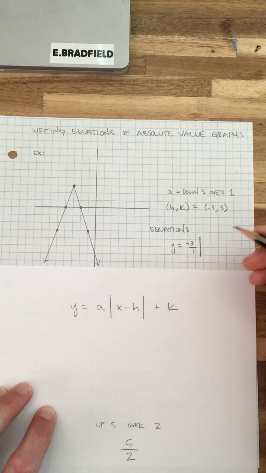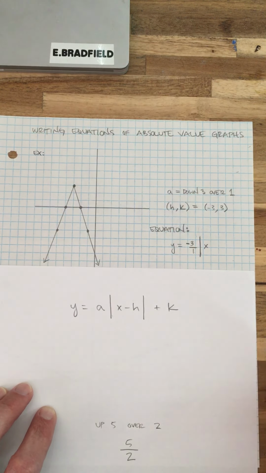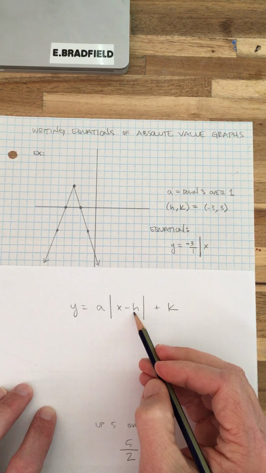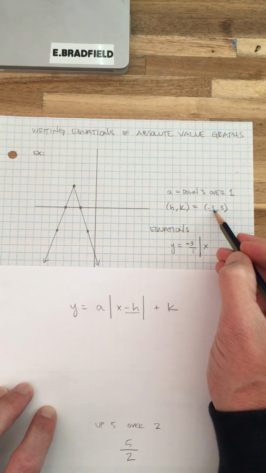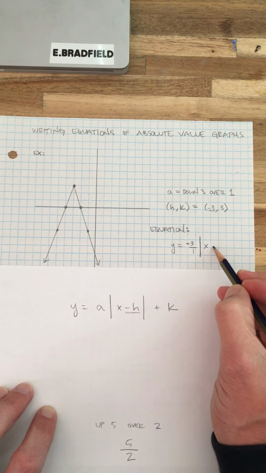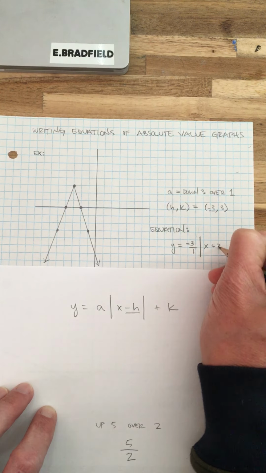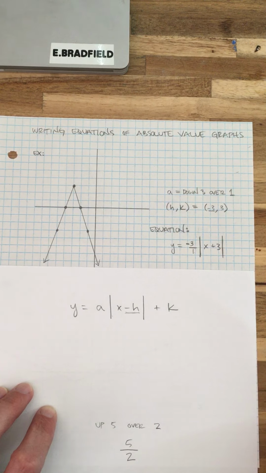Okay, there's our absolute value sign, and it's going to be x. Okay, and then remember, what goes right here is always the opposite. So this value right here is always the opposite of what you see here, okay? So if this h right here is negative 3, what am I going to put here? That's right, it's going to be positive 3, so we put plus 3. Remember, h opposite, k keep it the same, okay?